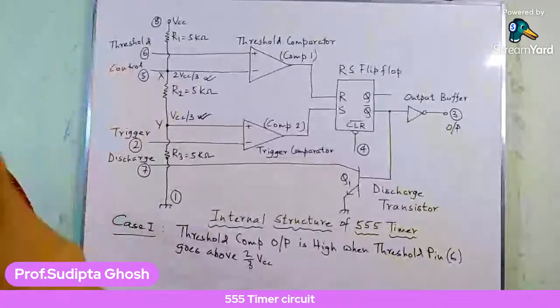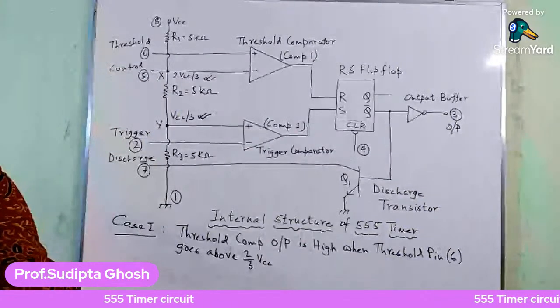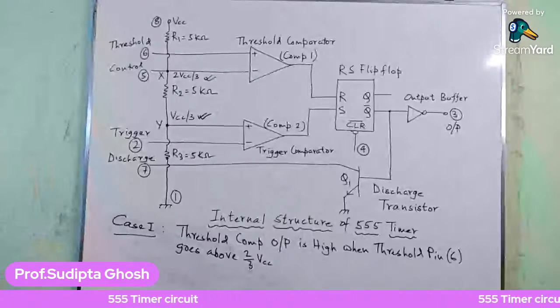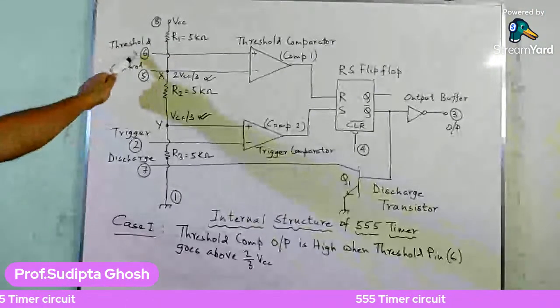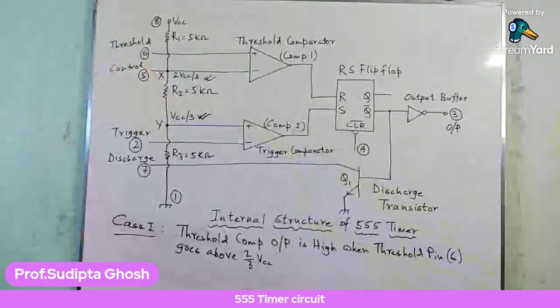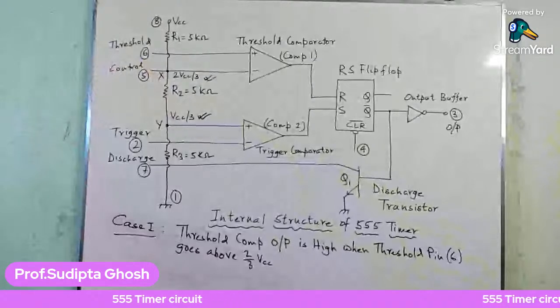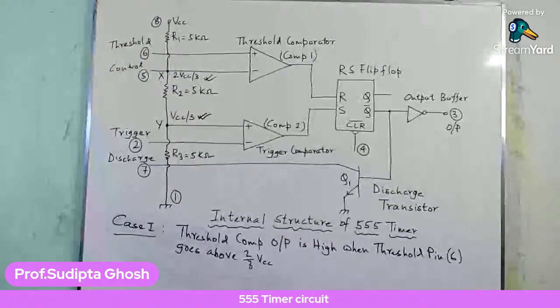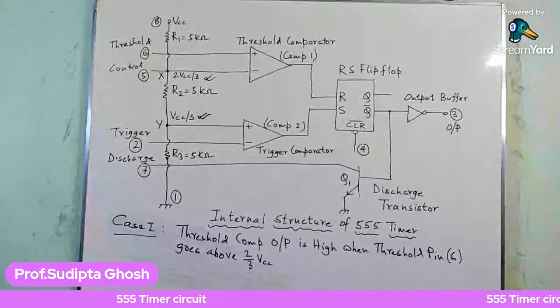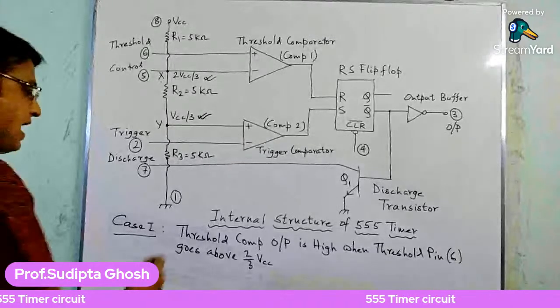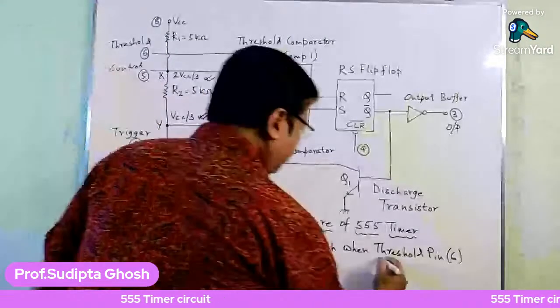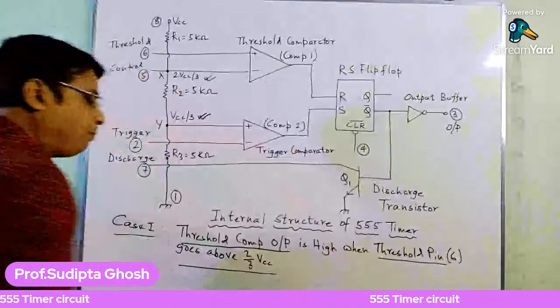So what is the case I am going to explain here? I have considered a value of the input, the threshold pin input, that is for pin number 6, and the value of this pin is high. Now, the threshold comparator output is high when the threshold pin goes above 2/3 VCC, so I have considered two parts here.